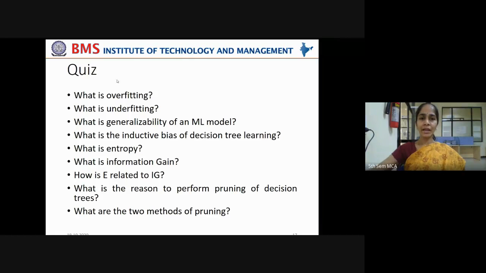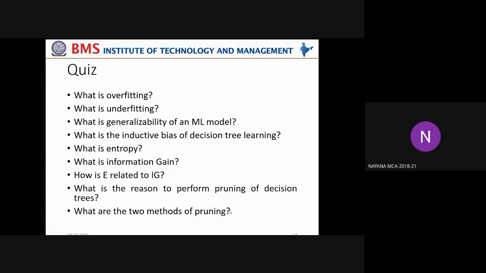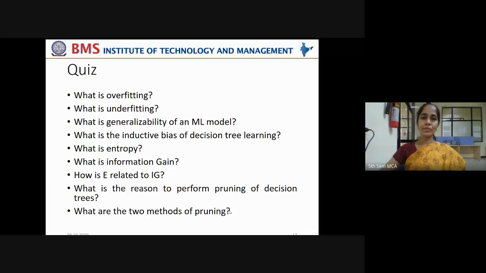Yeah. Can you quickly answer what is overfitting, students? What is overfitting? Learning too much or learning too less? Learning too much. Yes, learning too much from the training examples is overfitting.